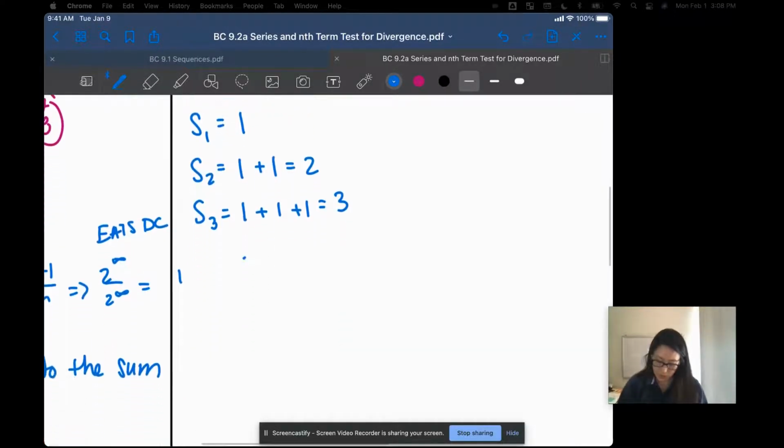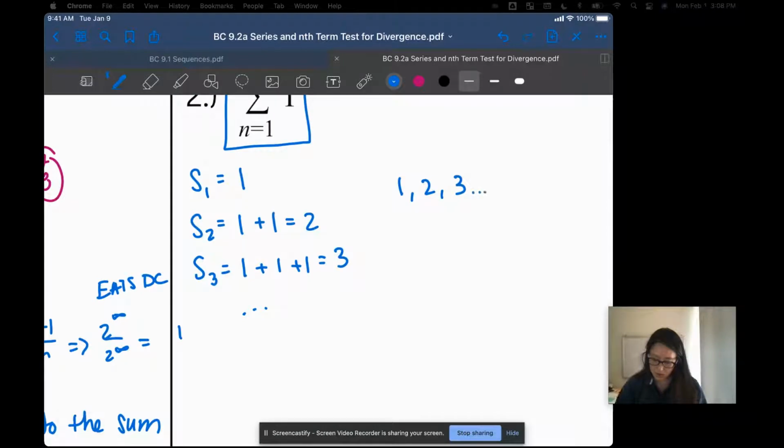So this is a really easy one because we have 1, 2, 3 as our terms. So we're going to try and figure out the rule for S sub n. This is S sub 1, S sub 2, S sub 3. So we end up with just n.